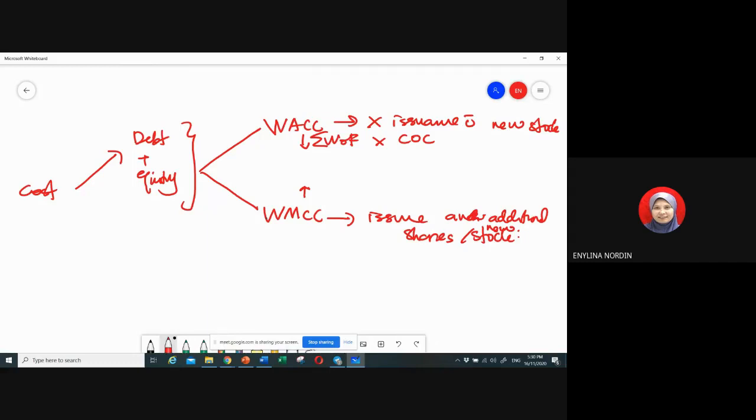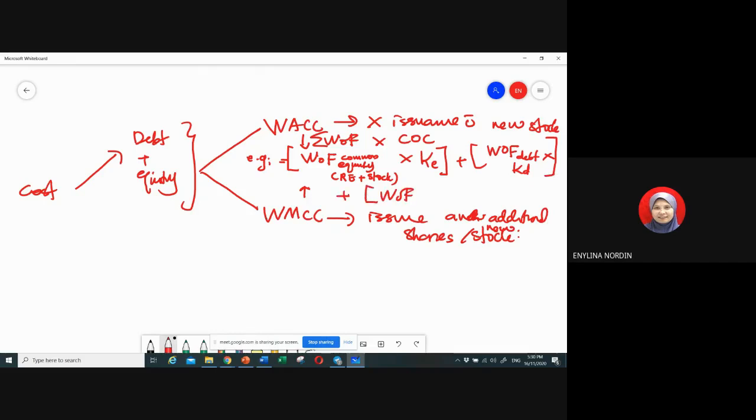For example, WACC equals the weightage of financing in common equity, which includes retained earning plus stock, multiplied by the KE, plus the weightage of financing of debts multiplied by KD, and plus the weightage of financing in preference shares, or preferred stock, multiplied by the KP. When you total up these three, you get WACC.